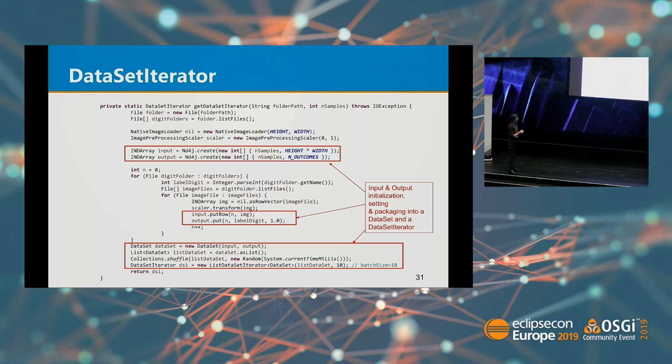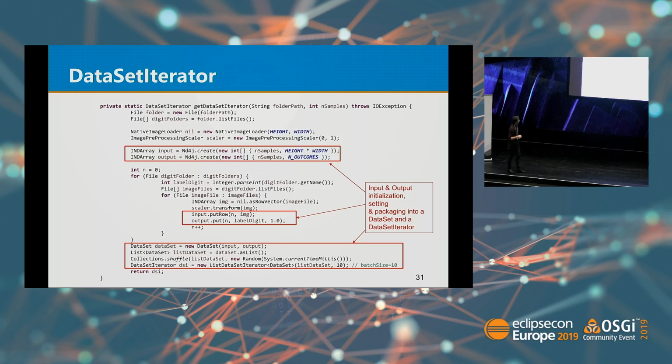We go through all the file system. We load each image and use this loader to read the image, and the scaler, and use them to populate the input, and then we also populate the output with the label digit, with the classification.